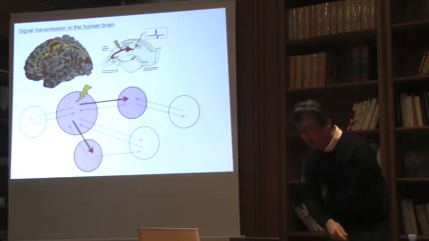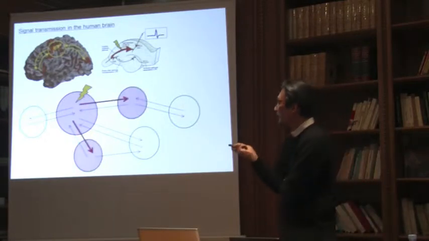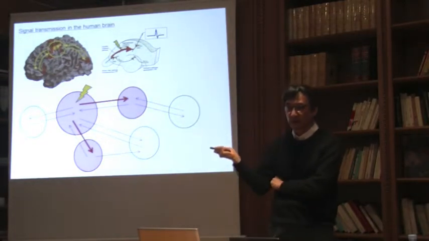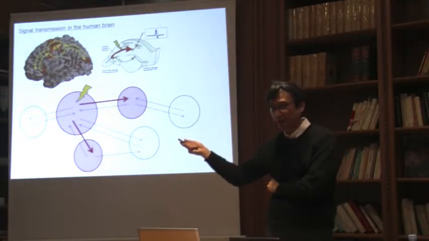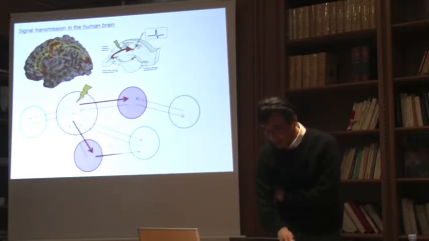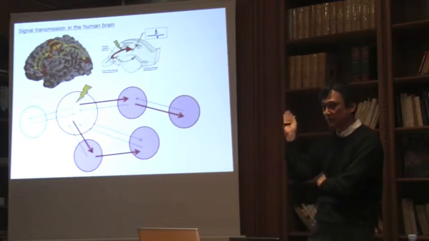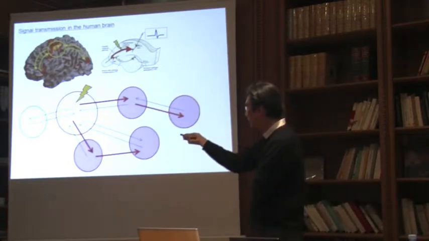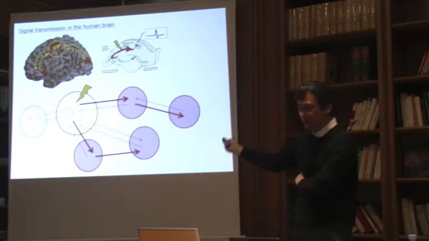But still, we can estimate the direction of signal transmission from the stimulated region to other regions. And by examining the temporal sequence of neural impulse spread, we can talk about direct effect of the stimulation over the next region.